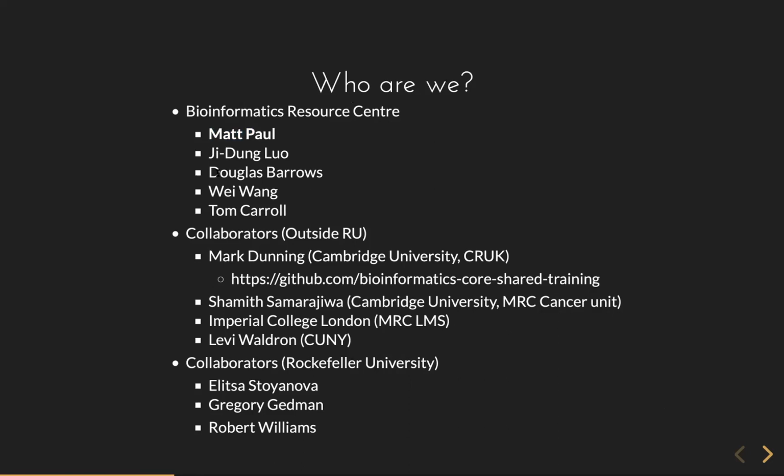But Jidong Lu's in the team, Douglas Barrows, he joined us from the Alice Lab recently, Wei Wang joined us from the Green Guard Lab, and everyone here really involved in parts of this training. We also have some outside collaborators, including Levi, and Cooney locally, and some from our previous lives in the UK. One thing, hopefully, which will come out as we go through this course, people tend to, as they come to the course, often join us as collaborators for future courses.